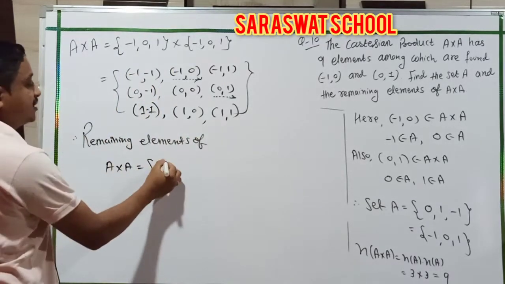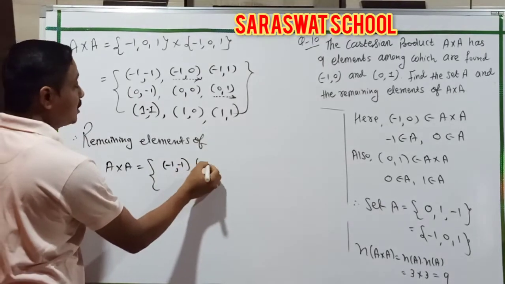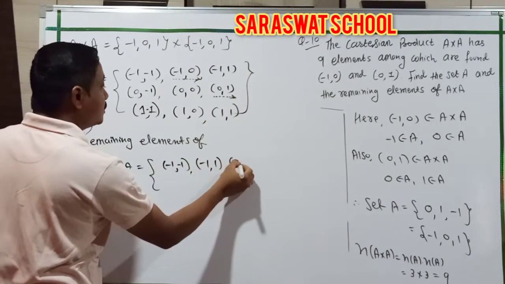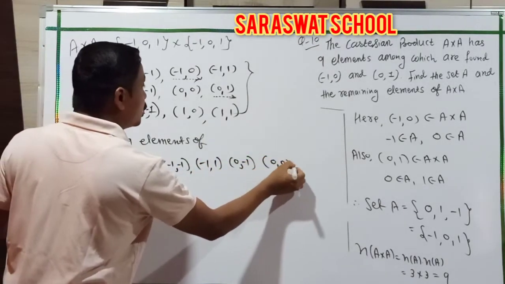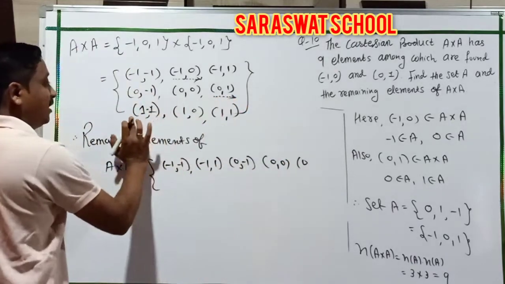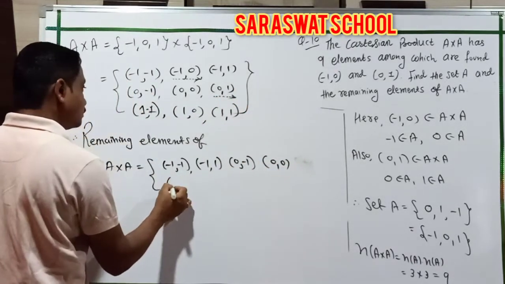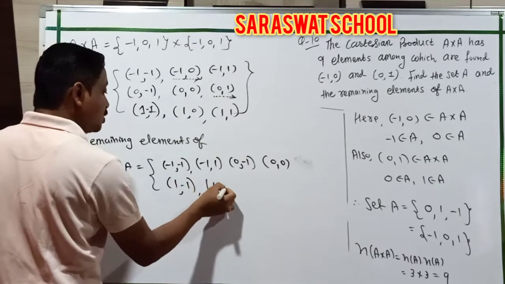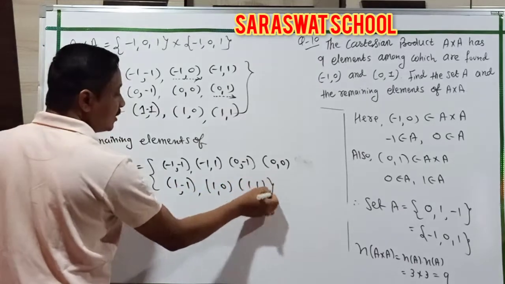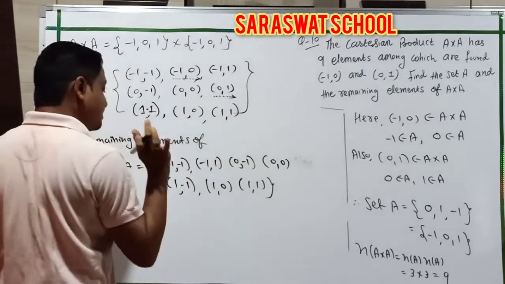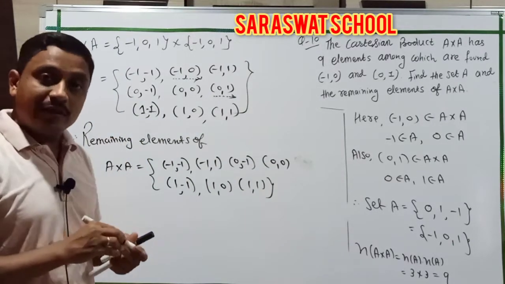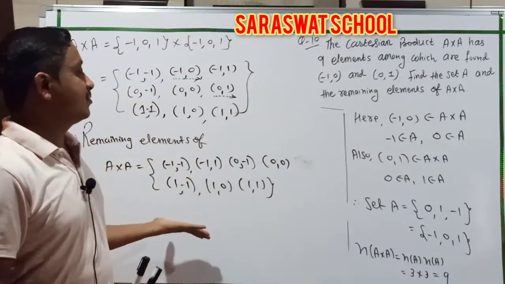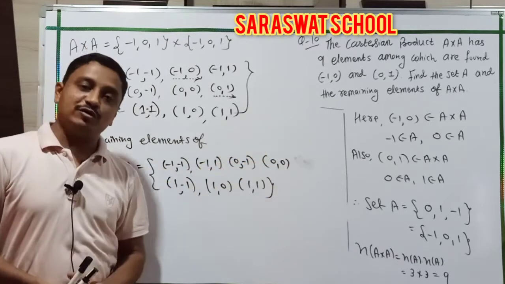All the others you mention: (-1, -1), (-1, 1), (0, -1), (0, 0). This (0, 1) is not right, it is given. Now (1, -1), (1, 0) and lastly (1, 1). Check: 1, 2, 3, 4, 5, 6 and 7. These 7 elements, students, are the other elements of A cross A in this criteria.